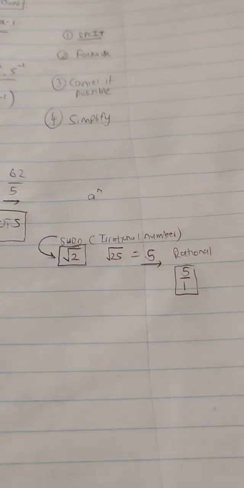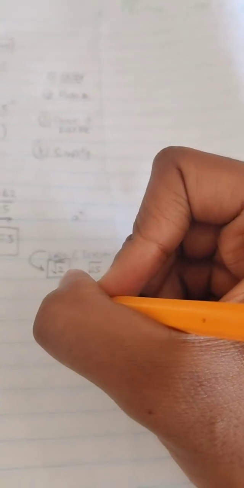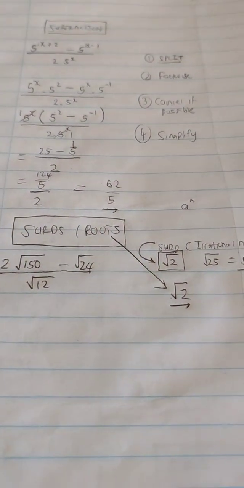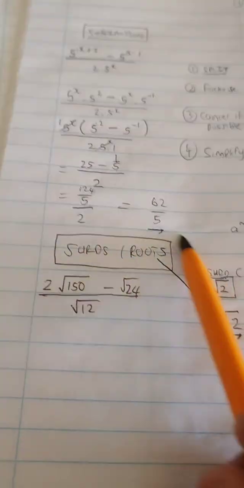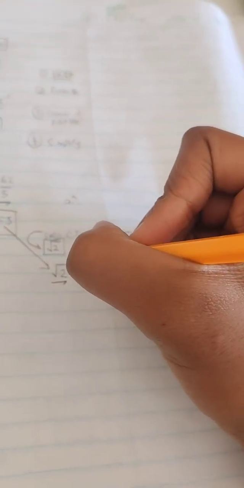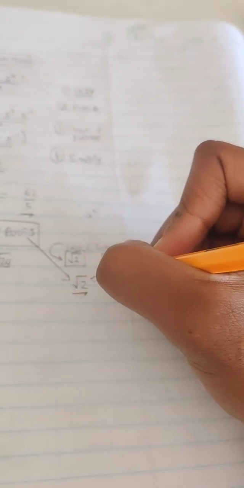Usually when they say in a question, leave your answer in surd form, they are in essence saying that you must leave your answer having a what? A root. So this is what we call root form. This here, though this is a surd, is written in root form.